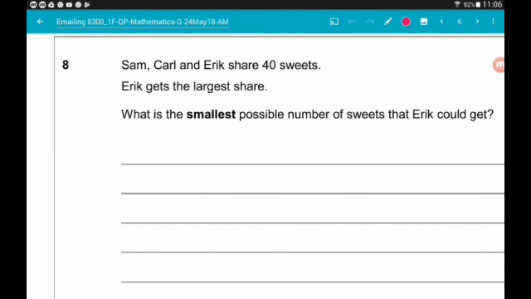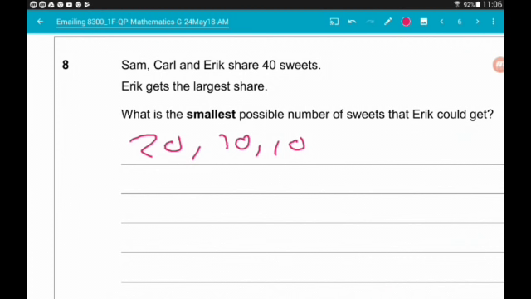What do I mean by that? Well, for example, we could go 20 for Eric, and then the other 2 could have 10 each, for example. They might have 12 and 8. The important thing is, though, neither one of them can have more sweets than Eric.